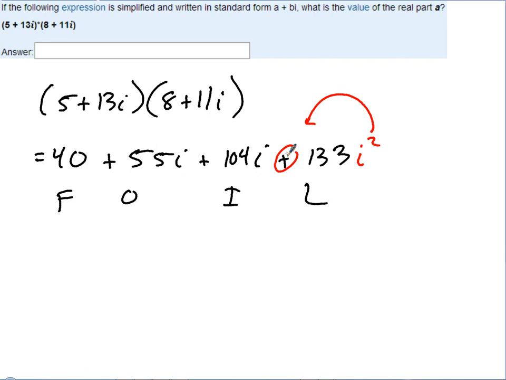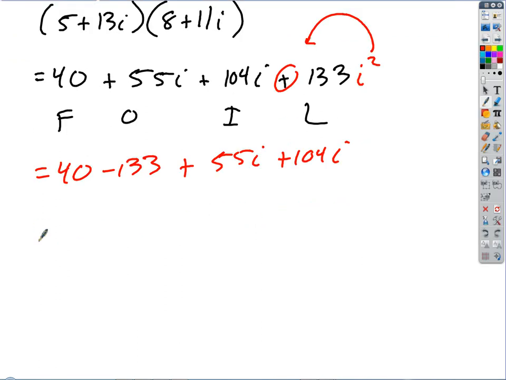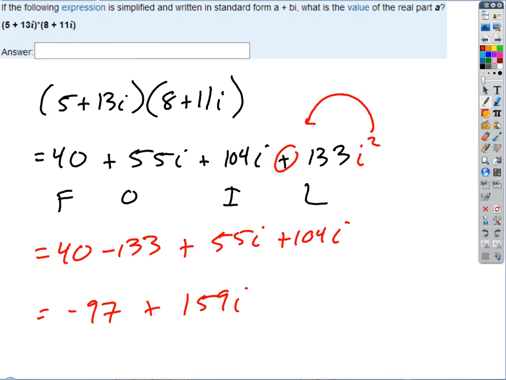So what I really end up getting, if I combine like terms, is 40 minus 133 plus 55i plus 104i. 40 minus 133 is negative 97, plus 159i. And we want a, so a is negative 97.